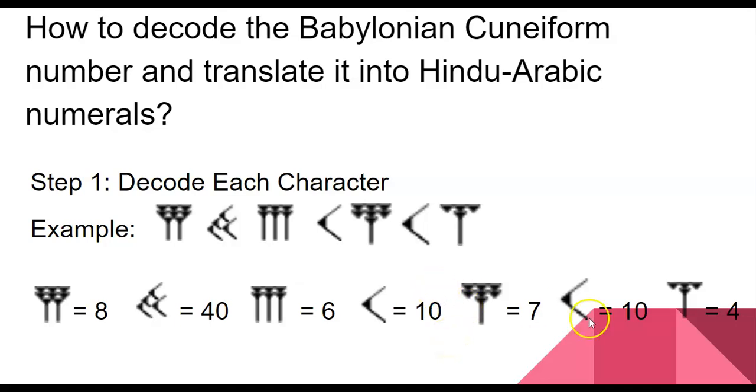Then the last two characters, we have another 10 and then a 4. So we add 10 and 4. 10 plus 4 is 14. So 14 is the digit for the units place. Therefore, our numeral in sexagesimal notation would be 8, 46, 17, and then 14.